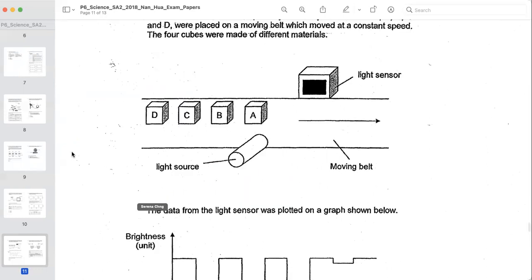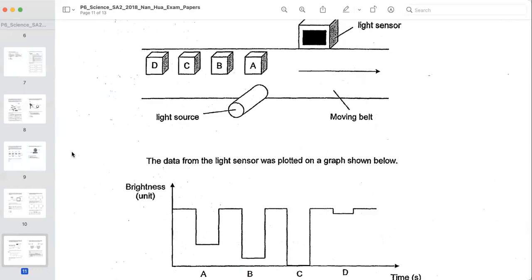Now, we look at this. As A passes, we can see that A is translucent because A still allows certain light to pass through. B is also translucent, but C is confirmed opaque because no light can pass through. And D is transparent because it allows most light to pass through.